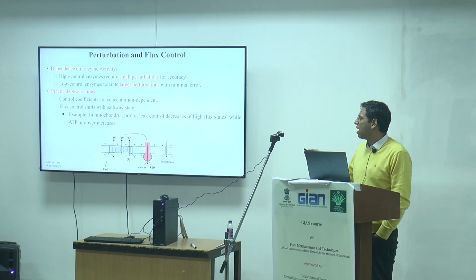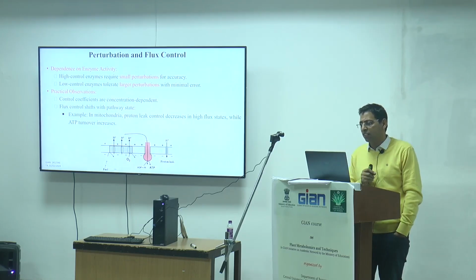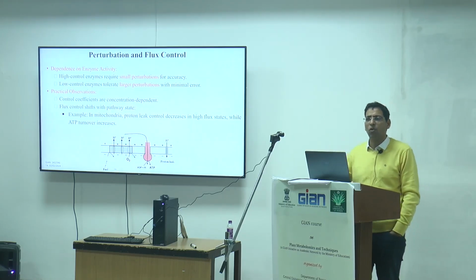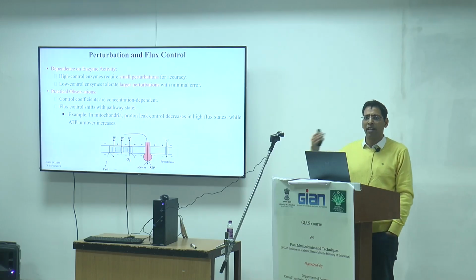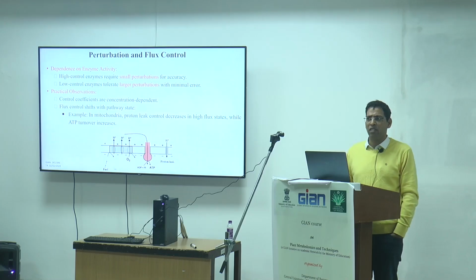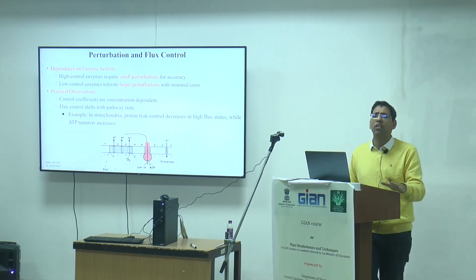For example, in mitochondria, proton leak control decreases in high flux states while ATP turnover increases. The proton moves across the membrane, from outer to inner, and that is responsible for ATP. But the number of protons responsible for ATP synthesis might be wrong, because many protons leak through those membranes.